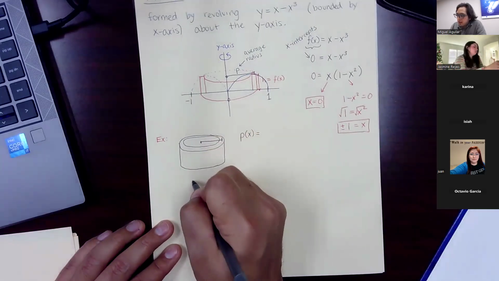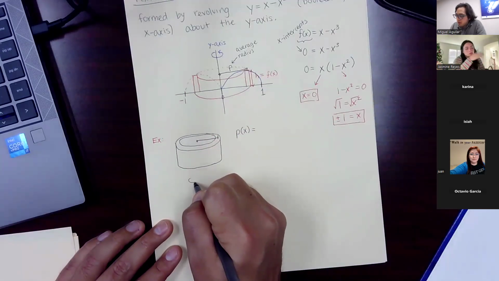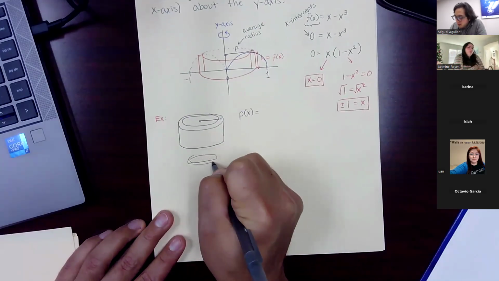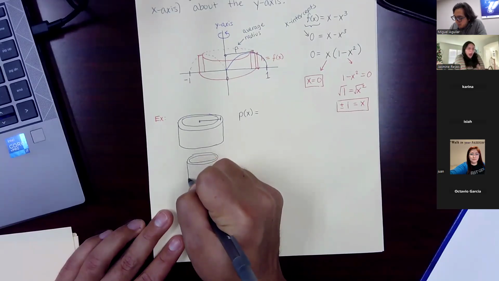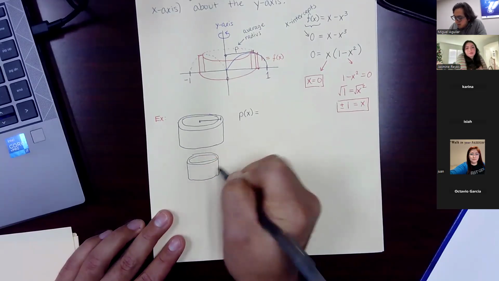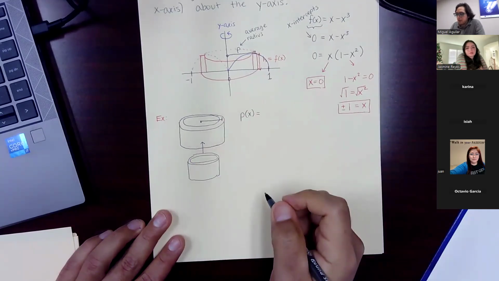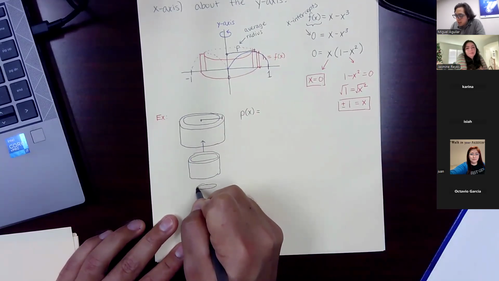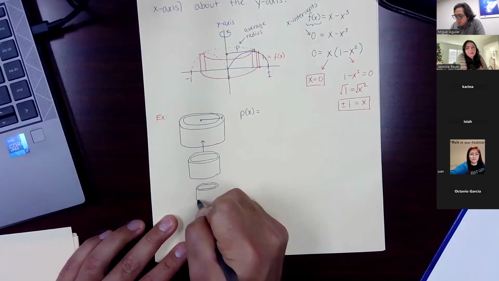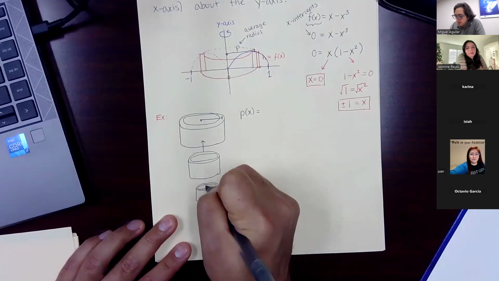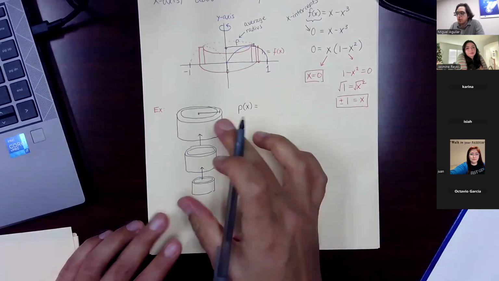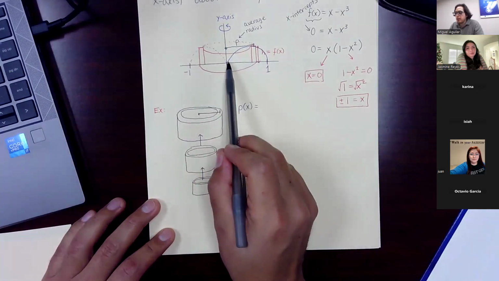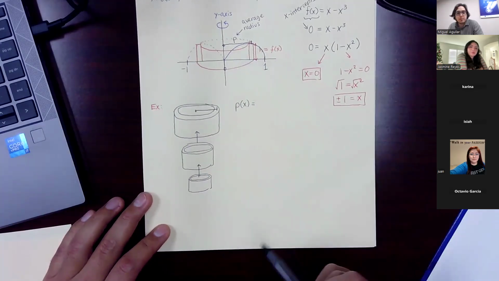So you could think of it like we're putting a smaller shell inside of here, and doing this Russian nesting doll thing where we're getting smaller and smaller shells inside of each other until we take up the entire volume that's represented by the shape of this function.